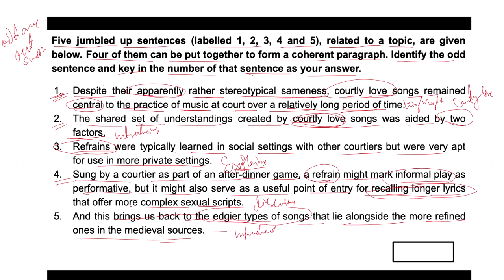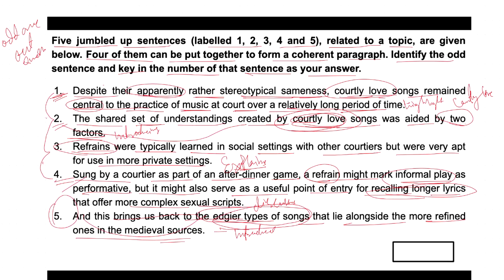In that case, we can find out sentences 1, 2, 3, and 4 are indicating courtly love songs, whereas sentence 5 is indicating the edgier type of song. Sentence 5 is the introduction to edgier types of song, and sentence 2 is introducing the courtly love song.